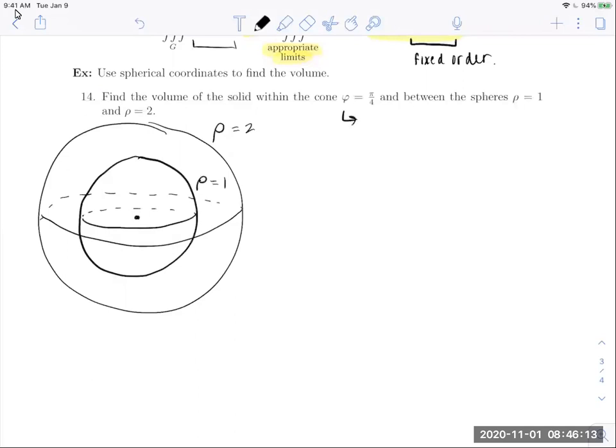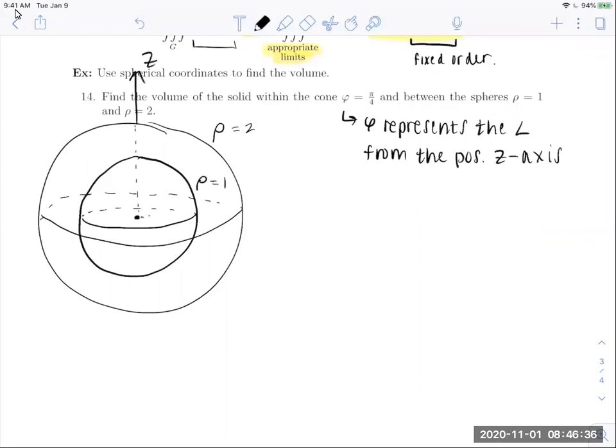So let me just remind you, phi represents the angle from the positive z-axis. So I didn't even draw it here, but z is coming up this direction, y, and x. And so what we want to do is tilt 45 degrees away from z, and we get our cone.